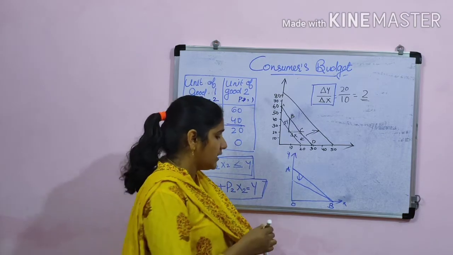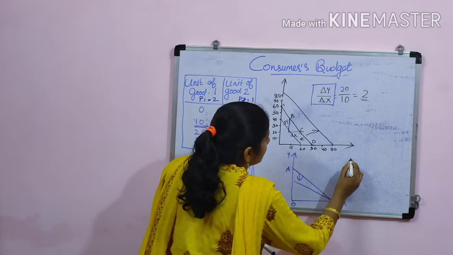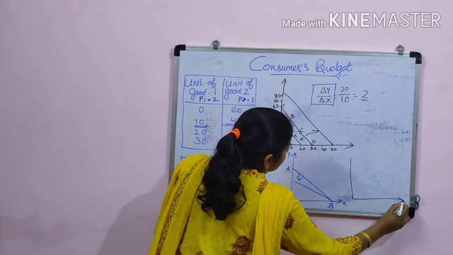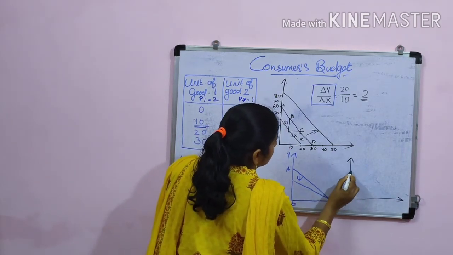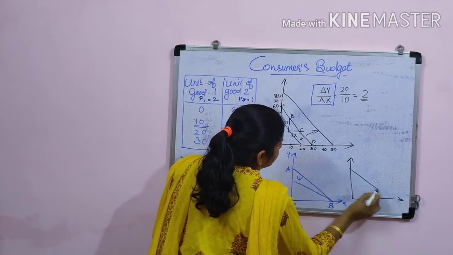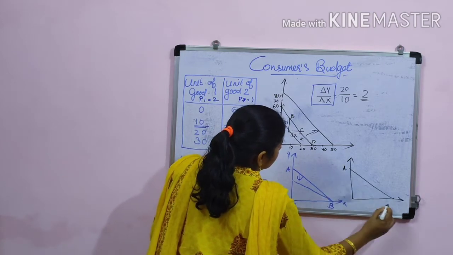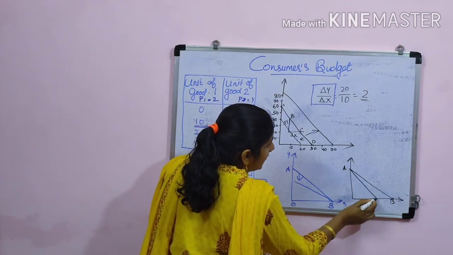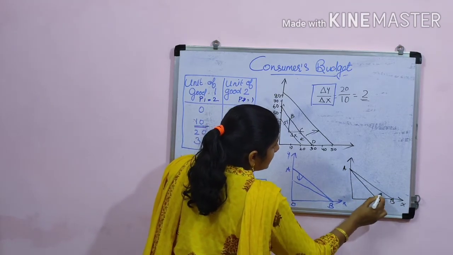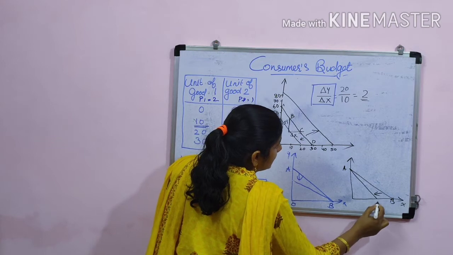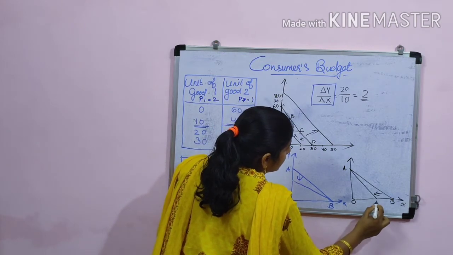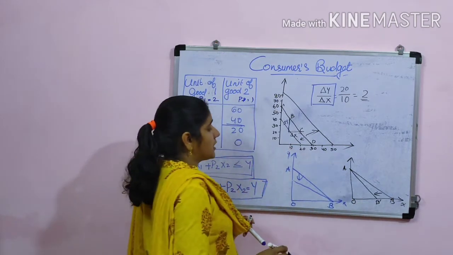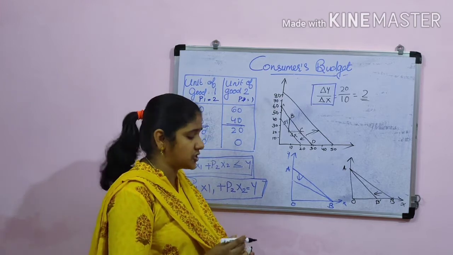Now students, the same is applicable for another case also. Imagine that it was the original price line, and now the price of commodity X increased. In this case, from AB it will become AB dash.